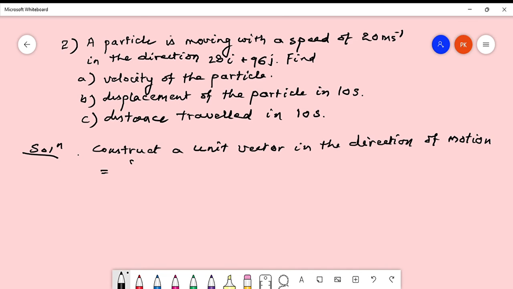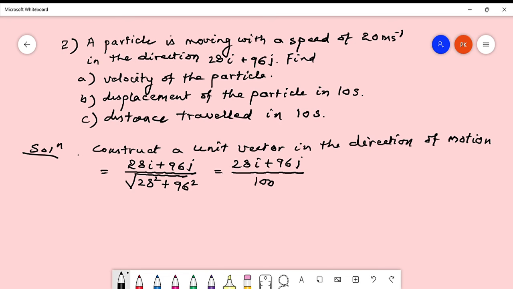So this direction vector 28i plus 96j, I will divide by its own magnitude, that is root of 28 square plus 96 square, which is 28i plus 96j divided by 100. This is the unit vector.